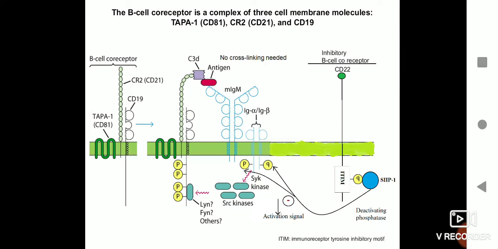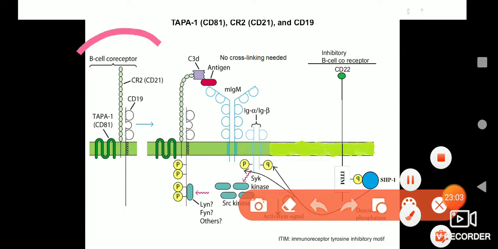Then, just the way we have seen that the T cell receptor requires various co-receptors, similarly, it has been found that the B cell's activity can be increased manifold by interaction with certain co-receptors.